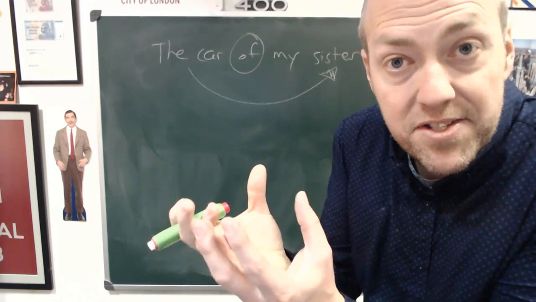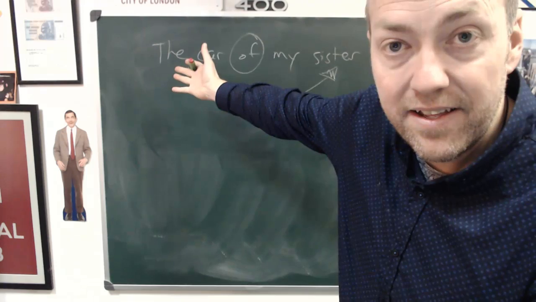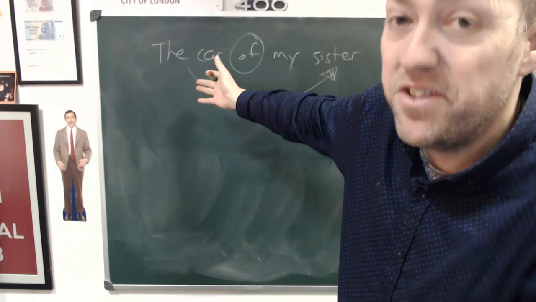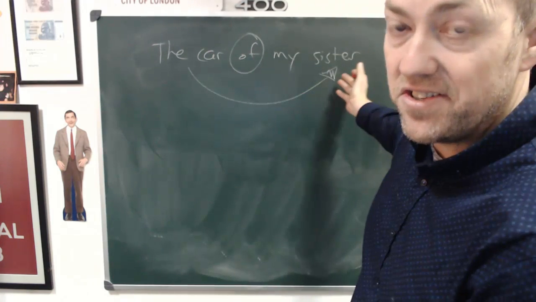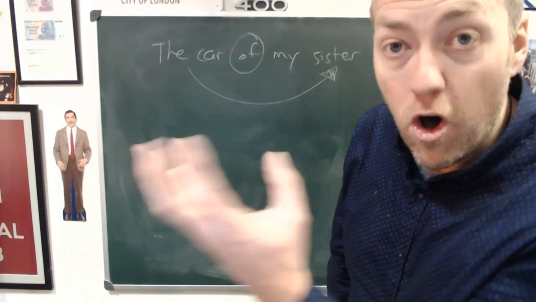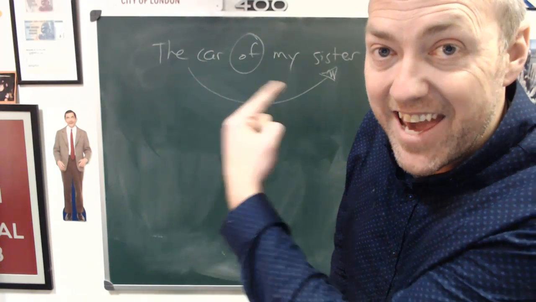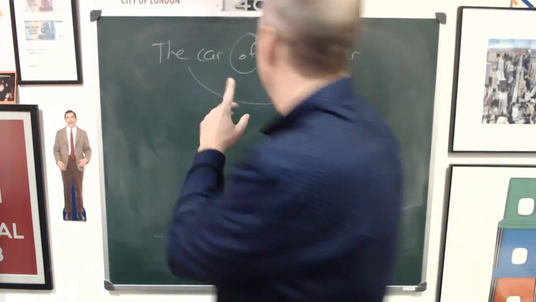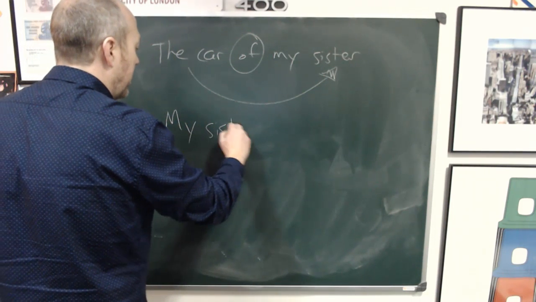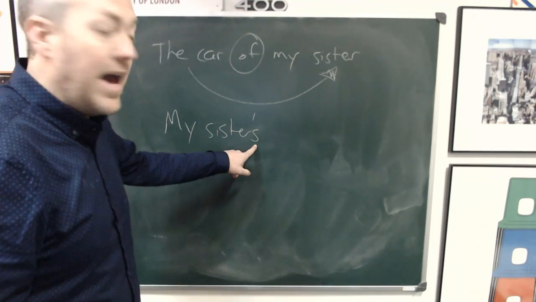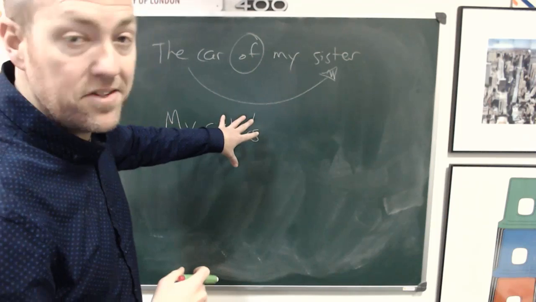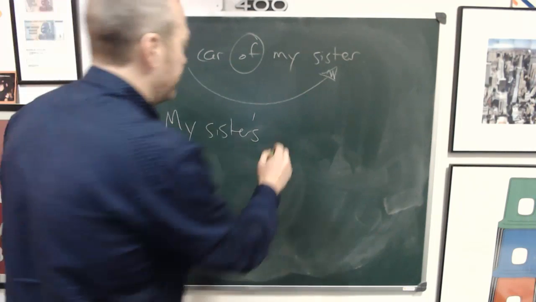The object is at the beginning. The car is the property of the sister. But when we use the genitive, the object is at the end. So, my sister's car, and you can see that we are adding apostrophe S.